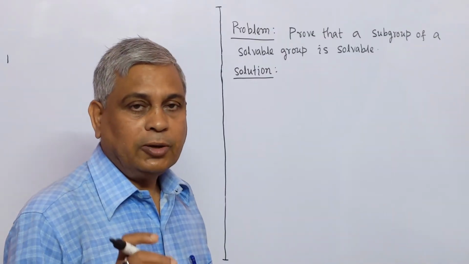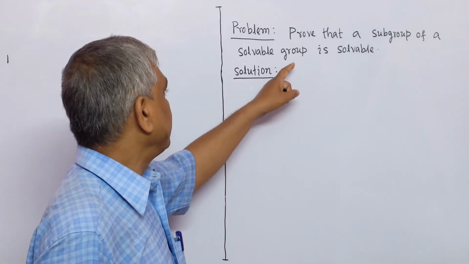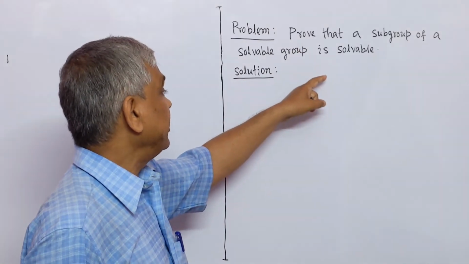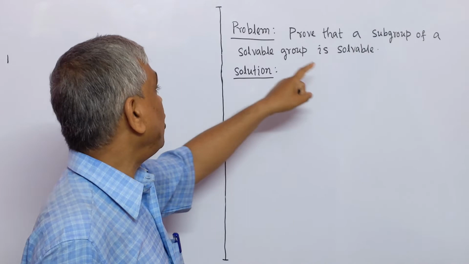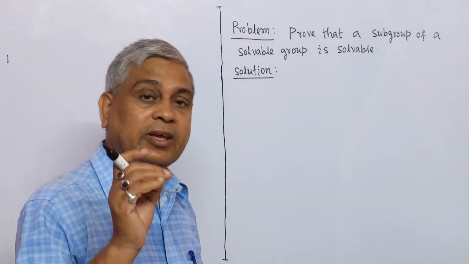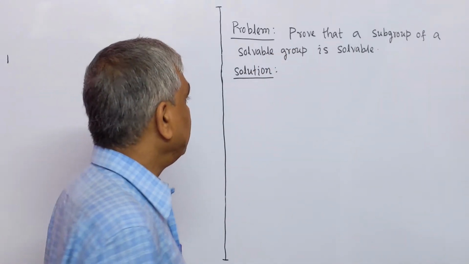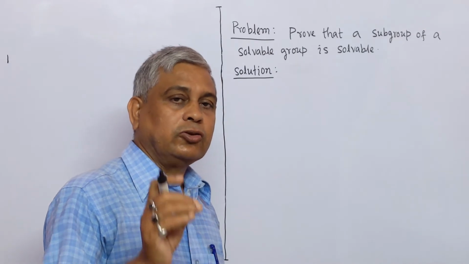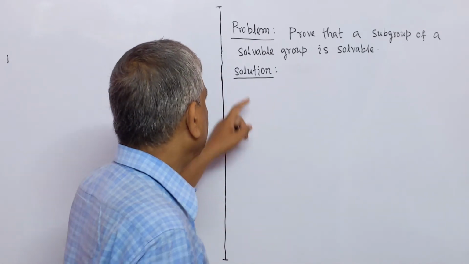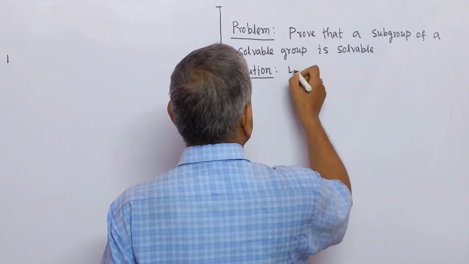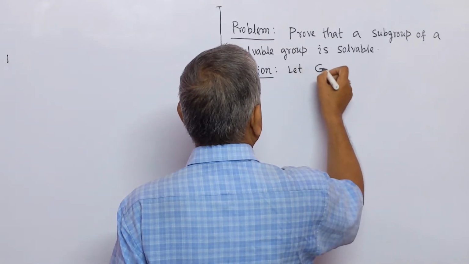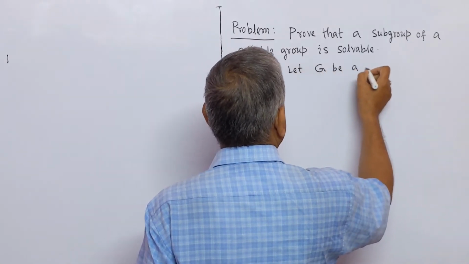Now we solve the next problem. The problem is to prove that a subgroup of a solvable group is solvable. Now we solve this. Solution: Let G be a solvable group.